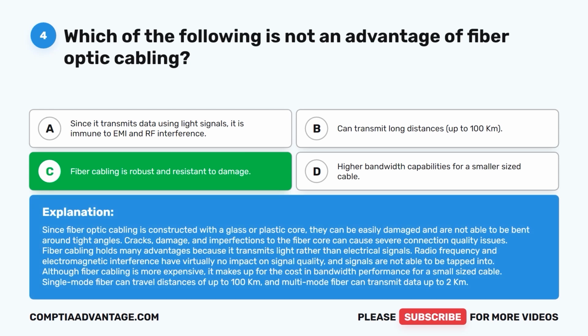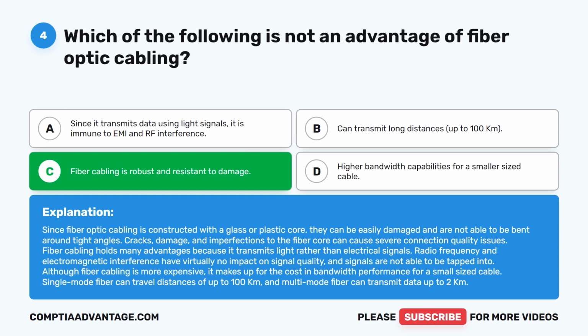Since fiber optic cabling is constructed with a glass or plastic core, it can be easily damaged and is not able to be bent around tight angles. Cracks, damage, and imperfections to the fiber core can cause severe connection quality issues. Fiber cabling holds many advantages because it transmits light rather than electrical signals.